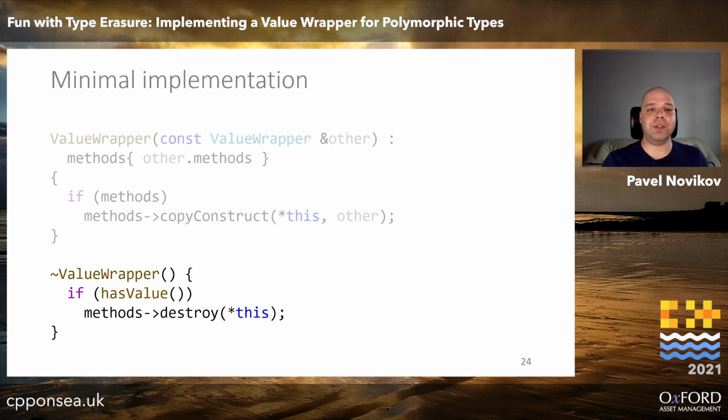And the destructor checks if we have a value, and if we do, it calls destroy to destroy this instance and free the resources.